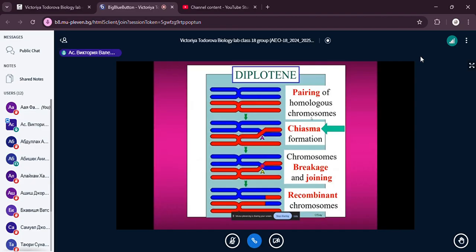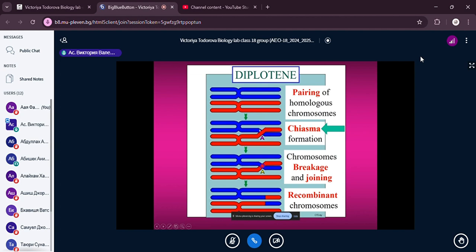In the next phase, diplotene, there is pairing of homologous chromosomes. In diplotene, the synaptonemal complex destruction starts here. This complex I show like a railway. So here, the places where the crossing over is completed become visible, and we call them chiasma formation.